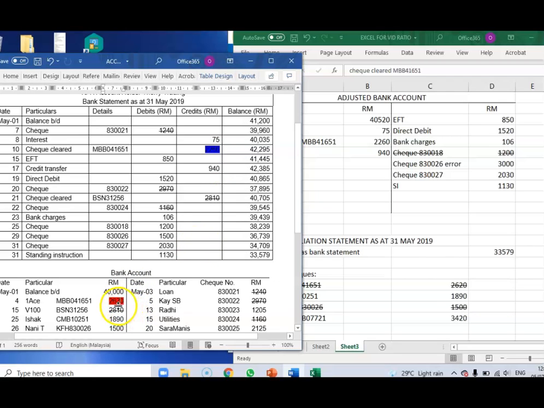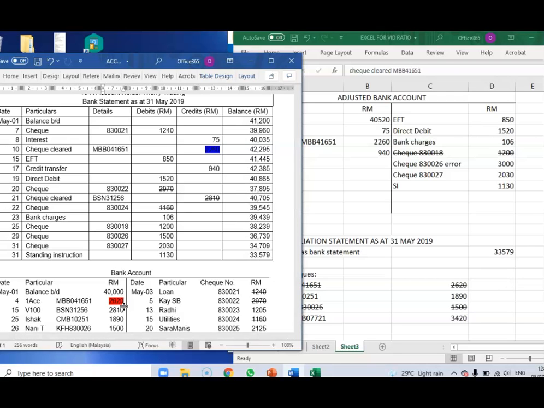So compare the wrong and the right. The red one is overstated, or the red one is understated. We must look at the wrong figure, the red one. You can see that the wrong figure is more than the correct figure. The red is more than the blue, right? So if the red is more, we call it overstated.